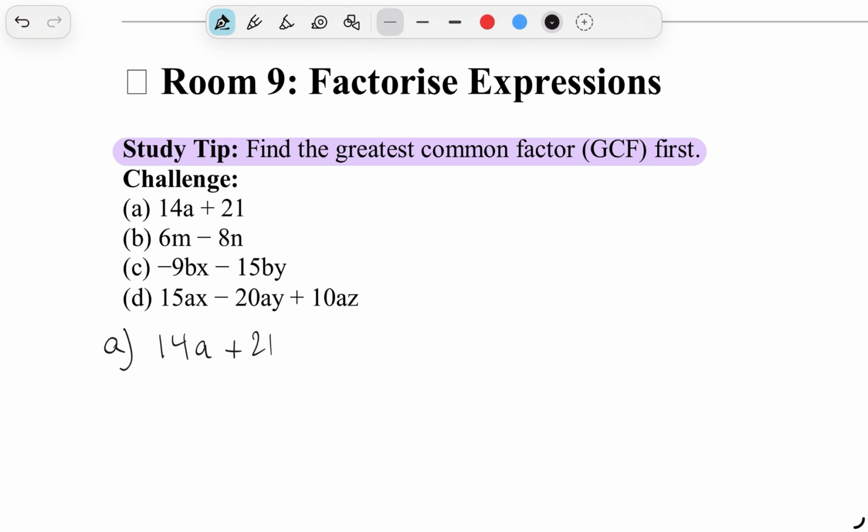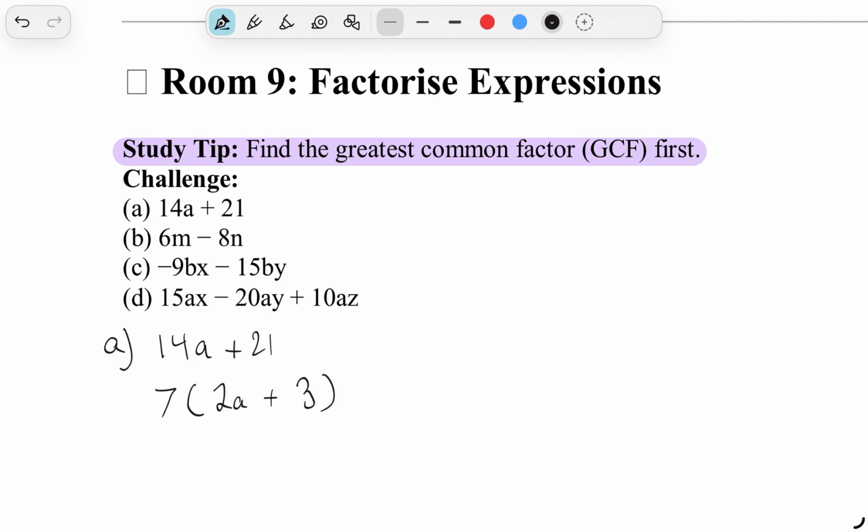So we write 7 outside the brackets. What can we multiply with 7 to give us 14a? That would be 2a, plus, and then what multiplies with 7 to give us 21? That is 3.